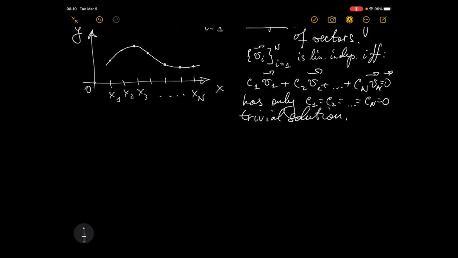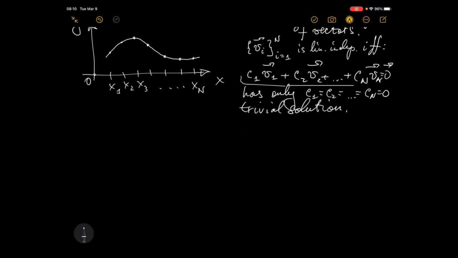In other words, you cannot express one vector through a linear combination of others. If it were possible, let us say that C1 is not equal to 0, then you could write something like that: V1 equals minus C2 over C1 V2 minus and so on minus Cn over C1 Vn.